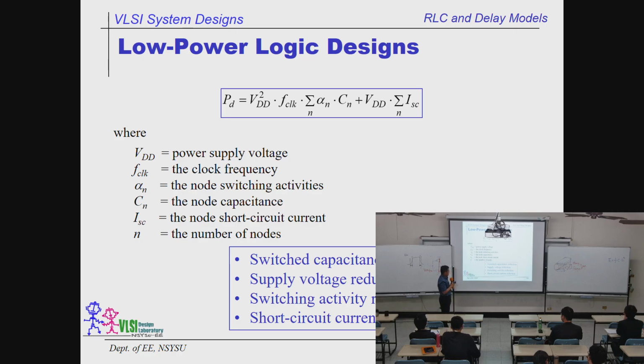But there is an extra factor over here, called alpha: switching activities, which is not addressed up to now. Switching activity means the probability that this gate is turned on.